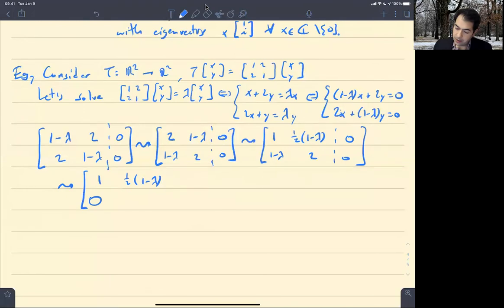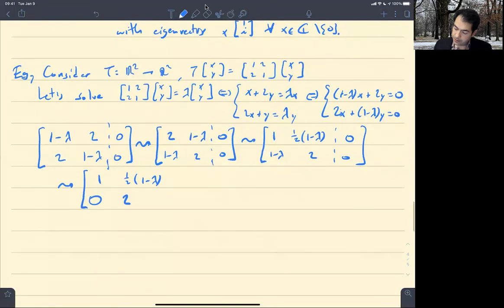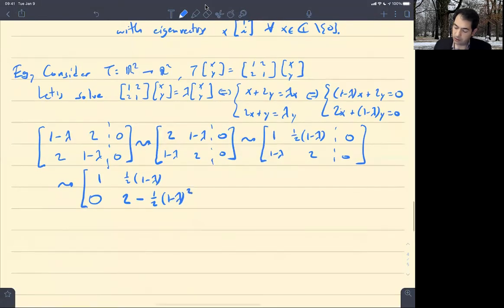And then here I'm going to have 2, and then I'm going to subtract 1/2 times (1 minus lambda) multiplied by (1 minus lambda), so minus lambda squared. And then here I have zeros.